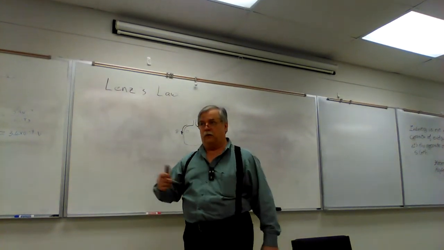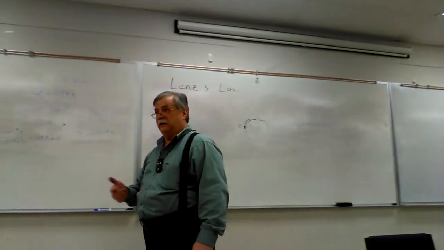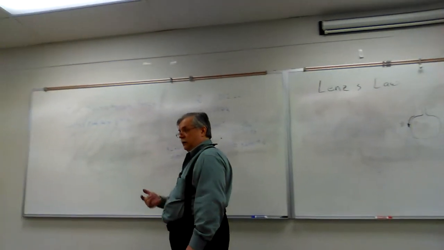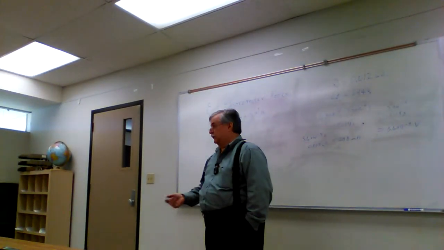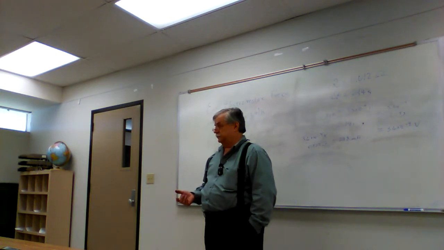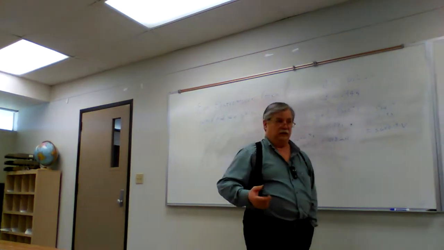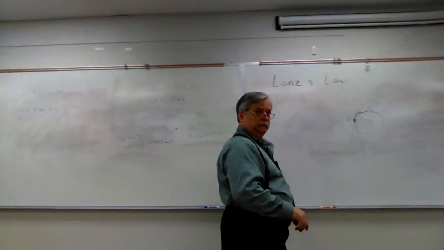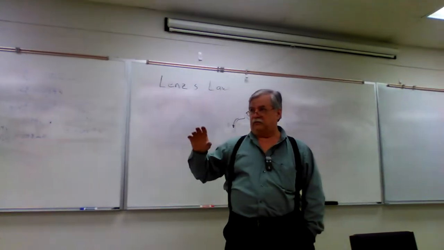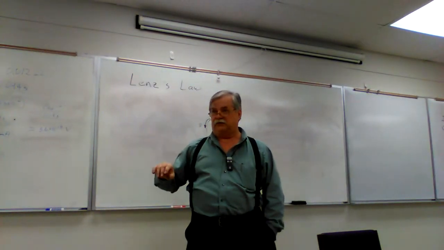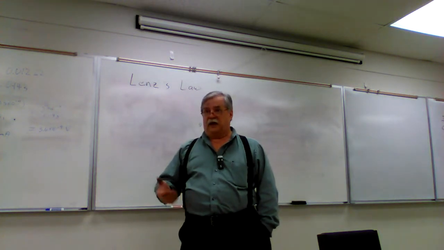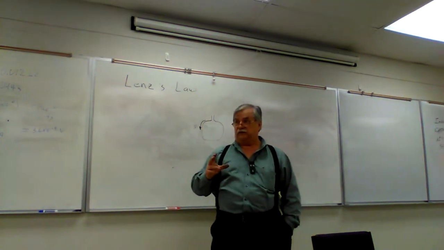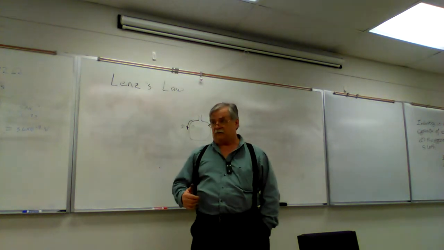It's always going to generate a magnetic field in whichever direction will maintain wherever it started. So if the flux is being reduced, it's going to try and add to that existing flux. And if the flux is being increased, it's going to try and subtract from that flux.